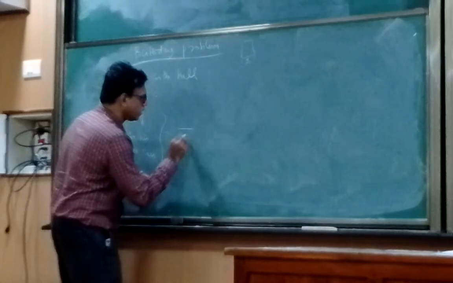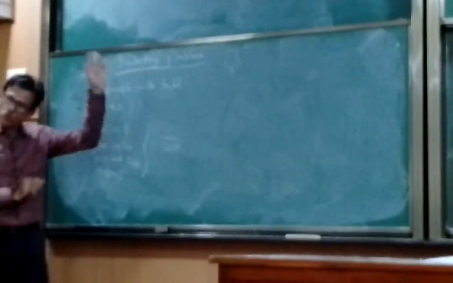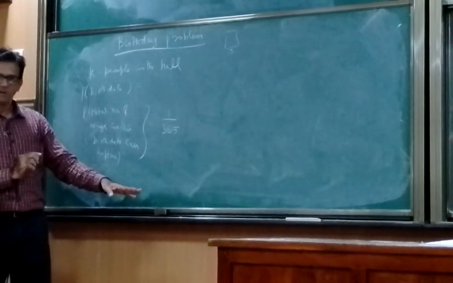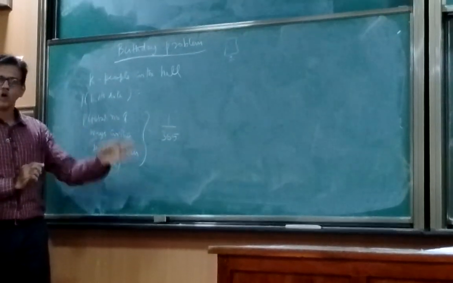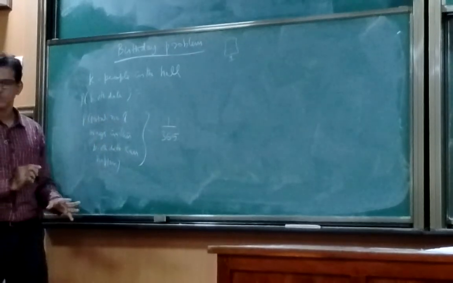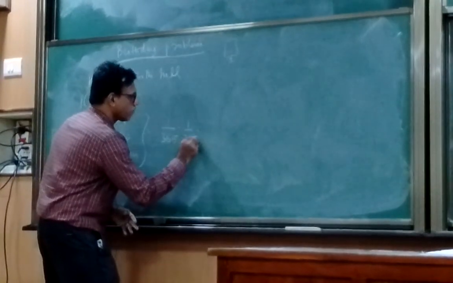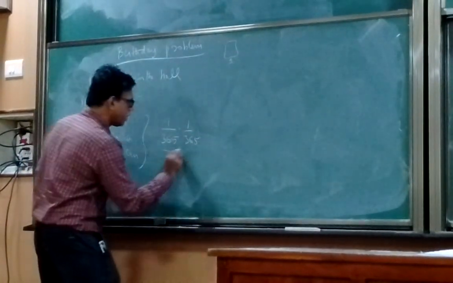So it is 1 over 365. The second person can have the birthday with 1 over 365. Okay, it's just sampling with replacement. So into 1 by 365 and so on. There are k people.